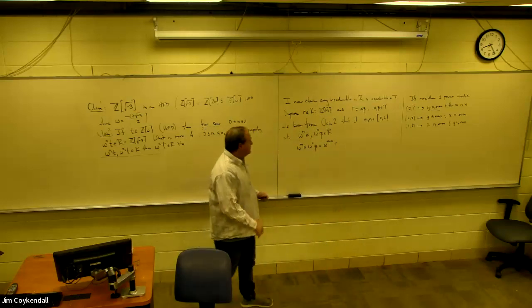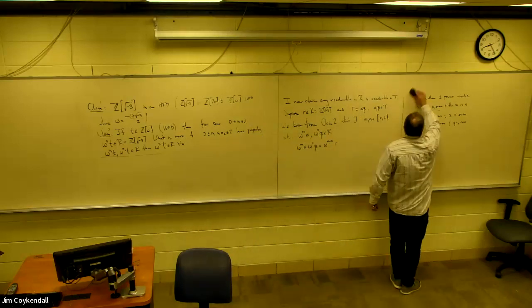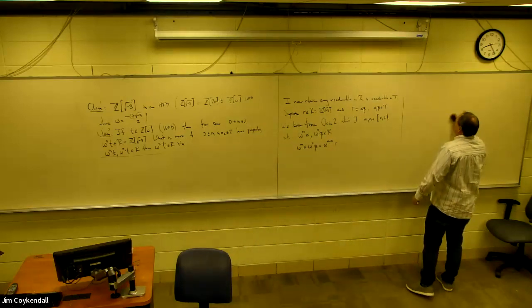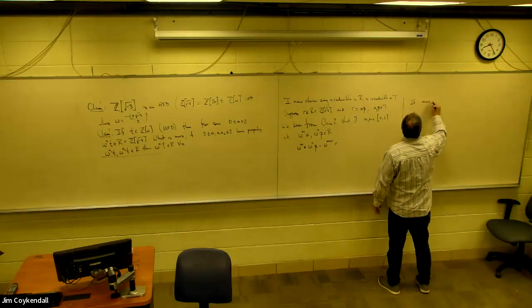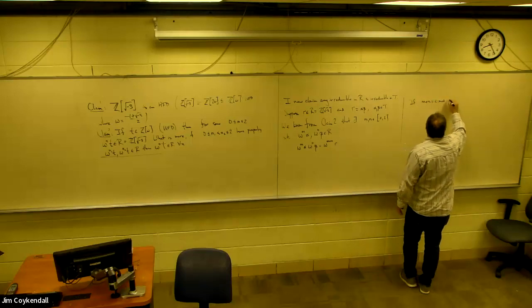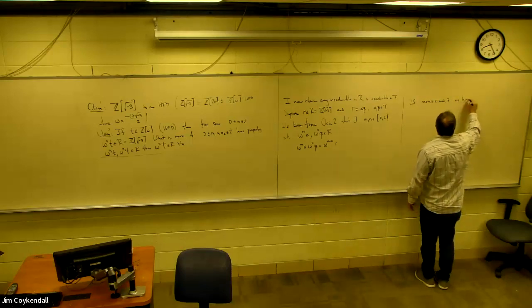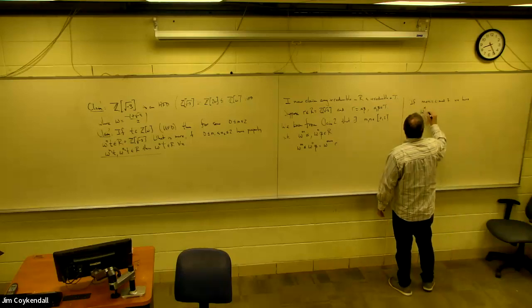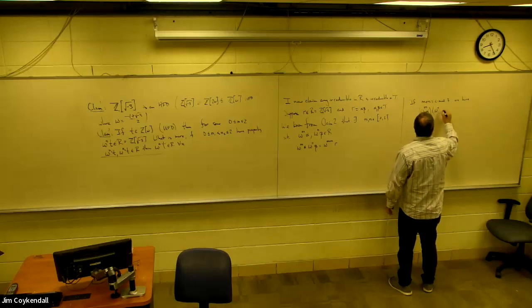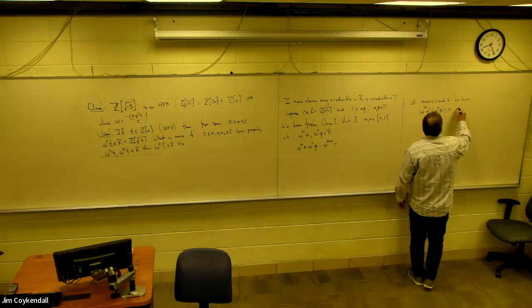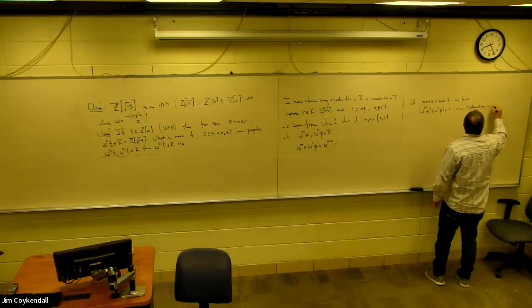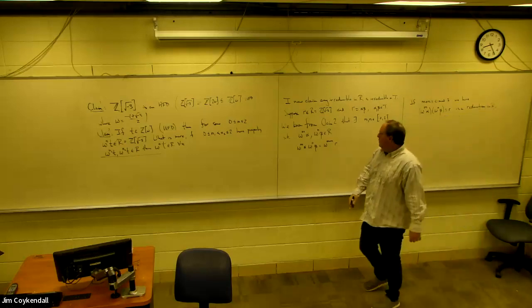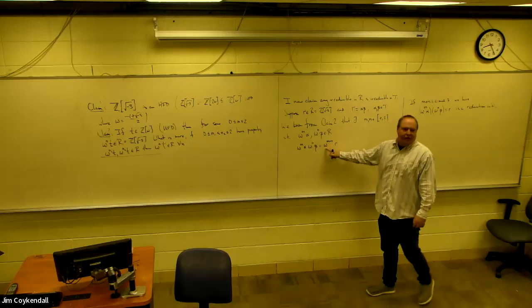Now, if M plus N is equivalent to 0 mod 3, in other words, if this is a multiple of 3, then this is just 1.